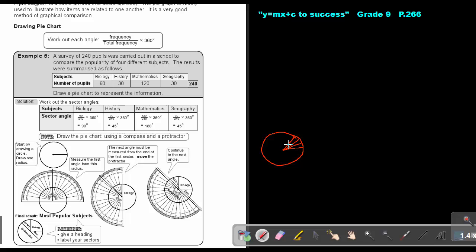Then I realized they forget to move the protractor around. So move it around, and you must start now at this line. Then for the next one, you start at the end of the history sector. And then don't forget to label the sectors. And always remember to give a heading label, something like most popular subject.